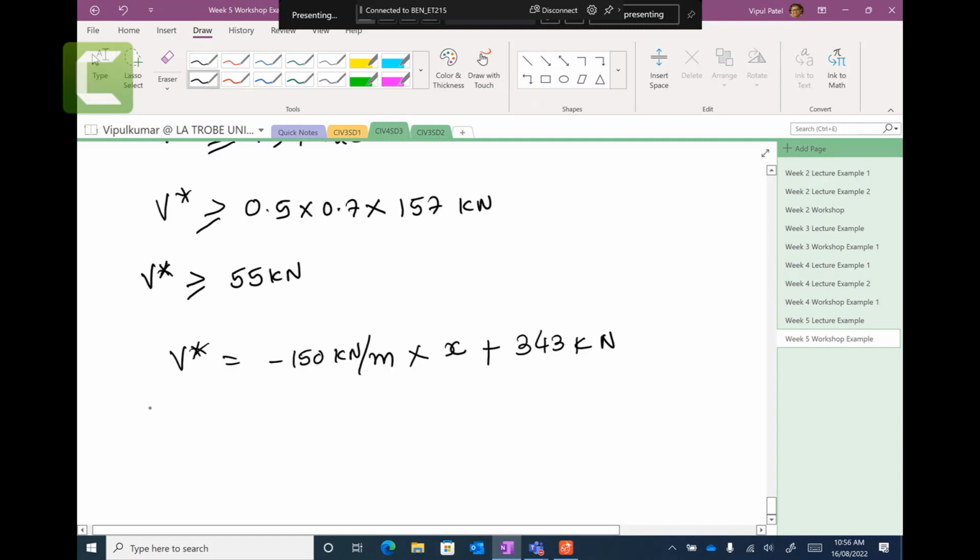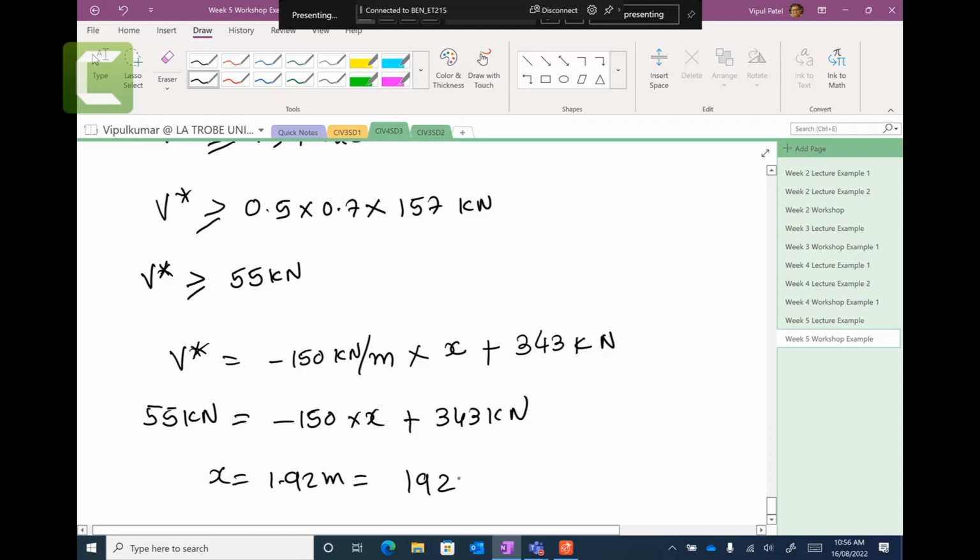So V star we got 55 kilonewtons. If I want to calculate the X value from here, 55 take away 343 divided by 150, you get 1.92 meters, which is basically 1920 millimeters.